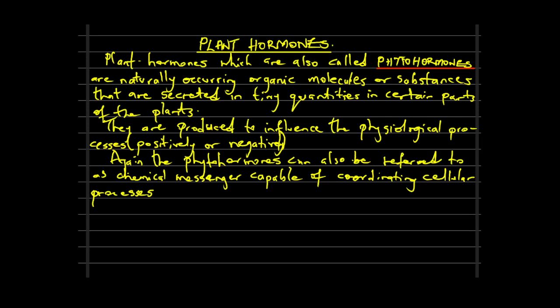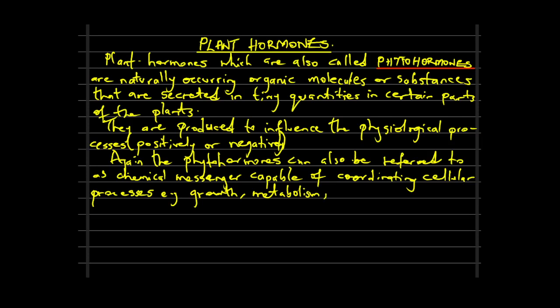Processes like growth and respiration are very important processes. Metabolism is another process that these chemical messengers are responsible for coordinating. We know that metabolism is of two types, either anabolism or catabolism.